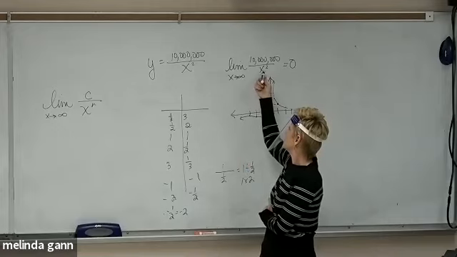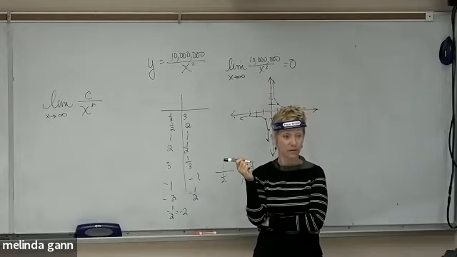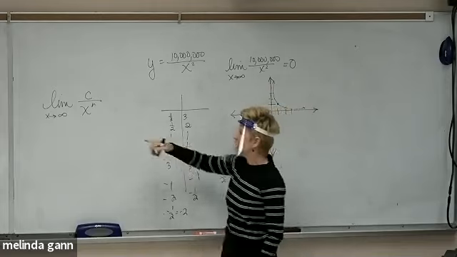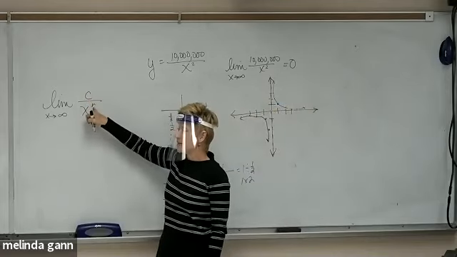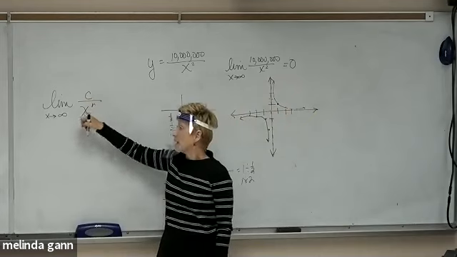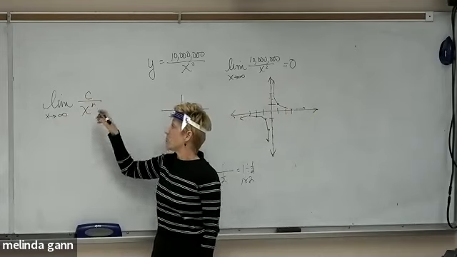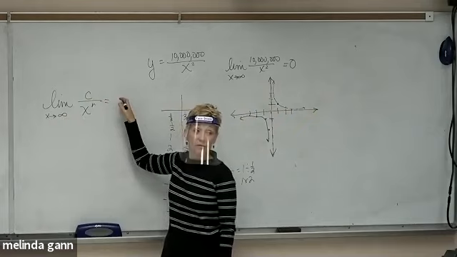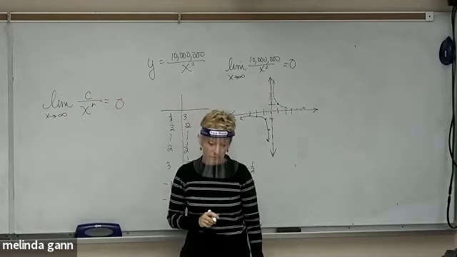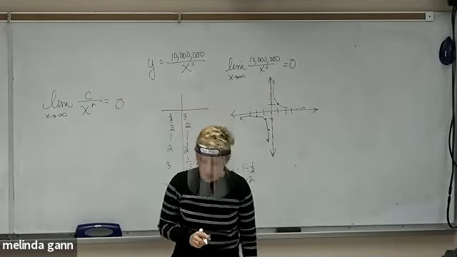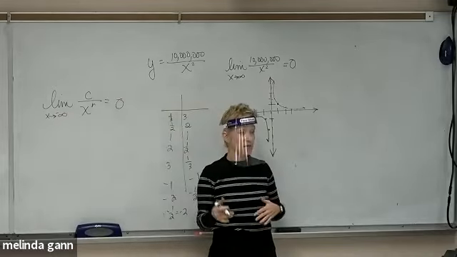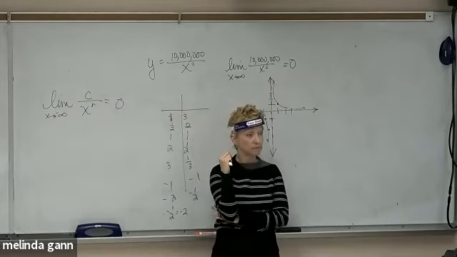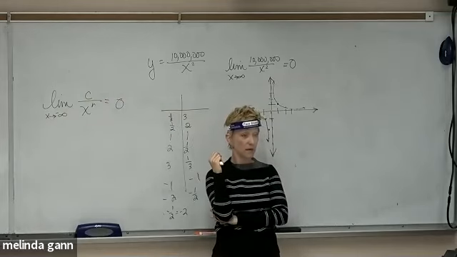Wouldn't that just get to 0 faster? So if you've got a constant on the top, and you've got x to a positive power, and x is getting bigger and bigger and bigger, what's this thing always going to go to? 0. And they remind you that if this were negative infinity, it'd still go to 0. It just goes to 0 from the other side. Does that make sense to everybody?